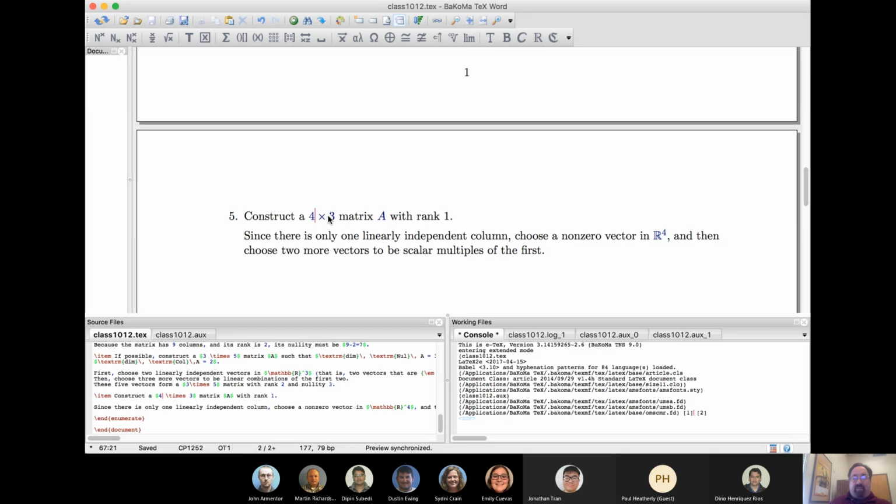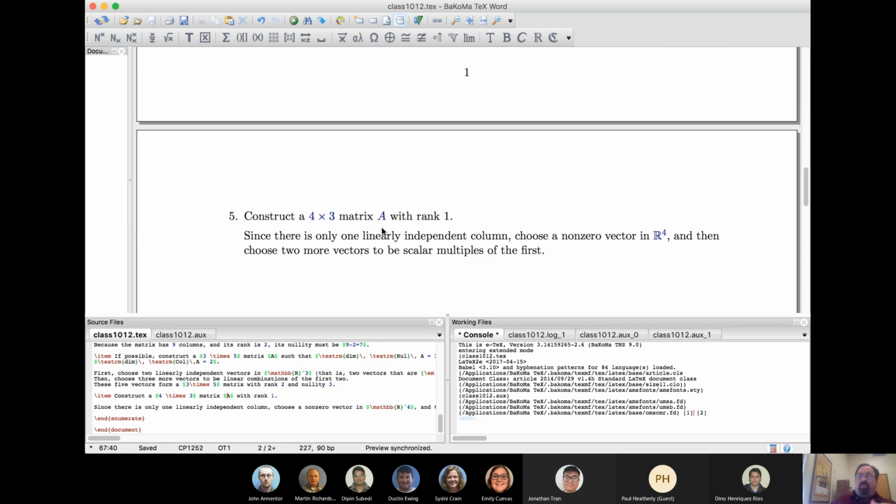And then you'll have a matrix where all the columns are scalar multiples of each other. Therefore, only one of those columns can be linearly independent. Therefore, it has a rank of 1, and therefore also has a nullity of 2 because there are 3 columns in total.